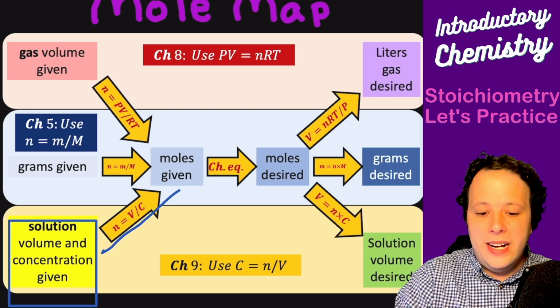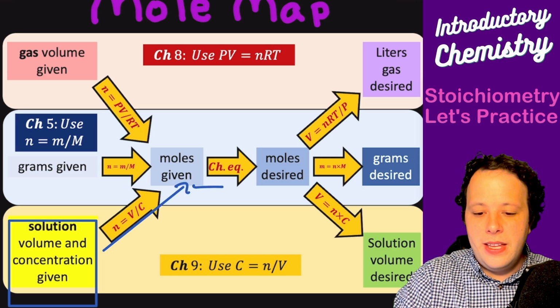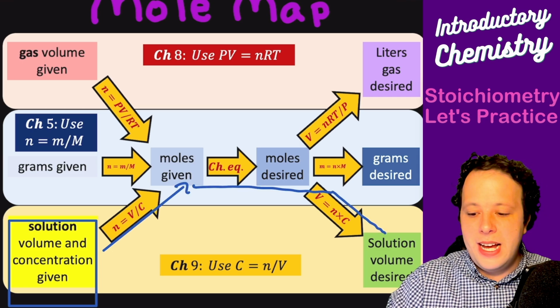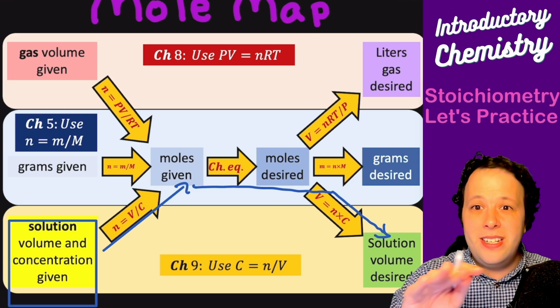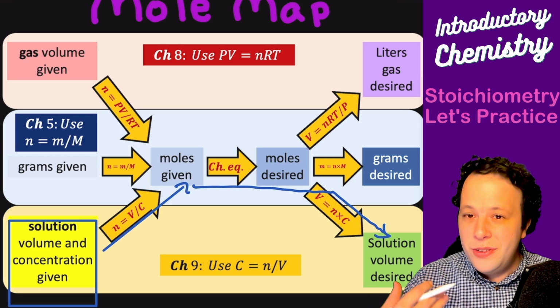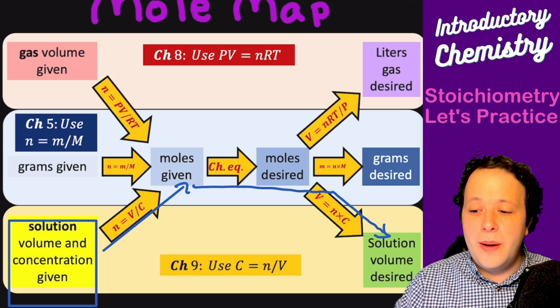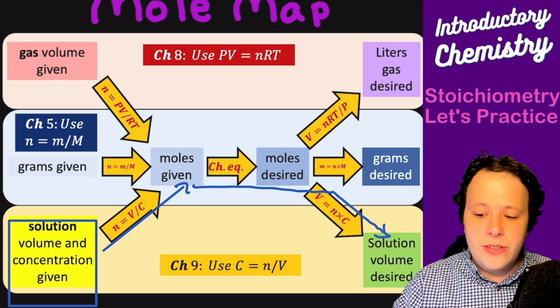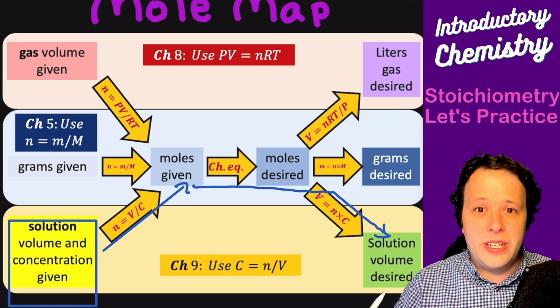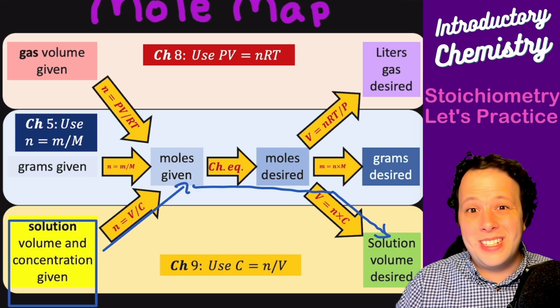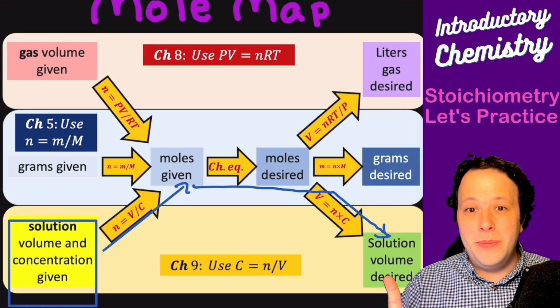We then went up to moles, then went across and back down through solutions. So we stuck on the lower side. This was just using regular solution stoichiometry, which in my opinion is still the harder form of stoichiometry to follow. So we used molarity as a conversion factor to get the volume desired.